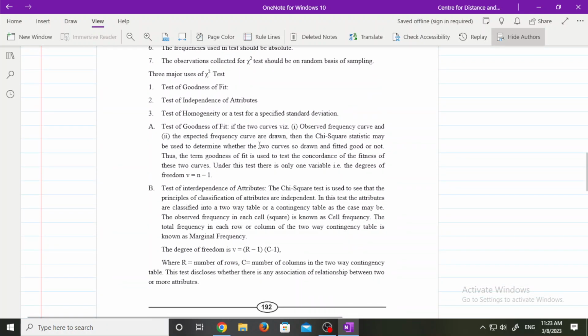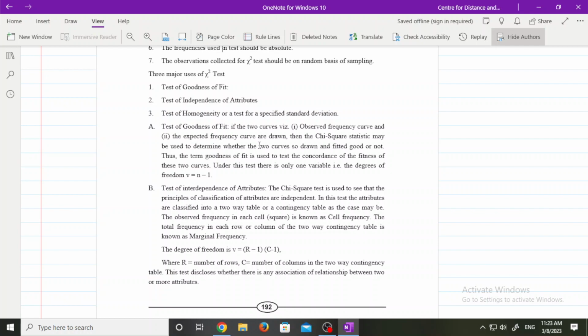If two curves, the observed frequency curve and the expected frequency curve, are drawn, then the chi-square statistic may be used to determine whether the two curves so drawn are fitted well or not.